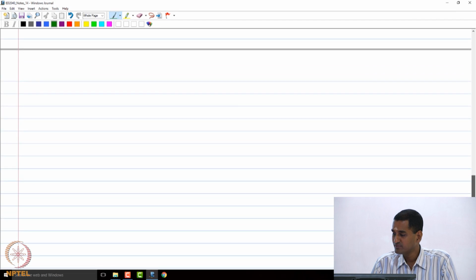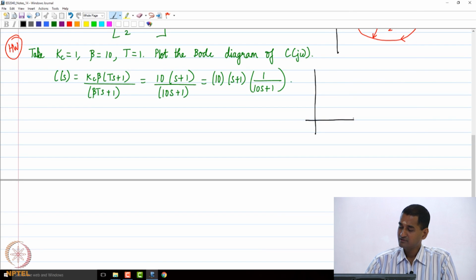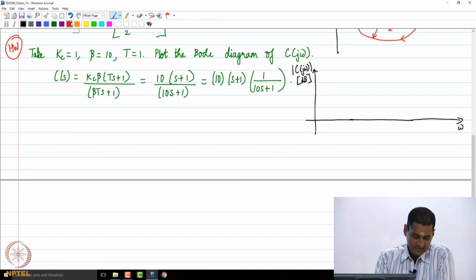What you need to do is plot the magnitude asymptotes for the log magnitude curves for each of these 3 factors and add them. That will give me the net Bode plot, the log magnitude curve. I am just going to give you the answer straight away so that we discuss it.